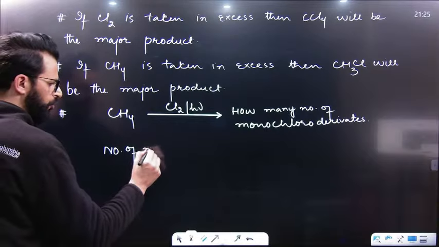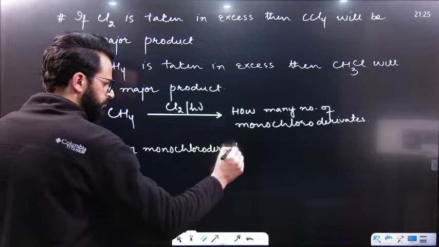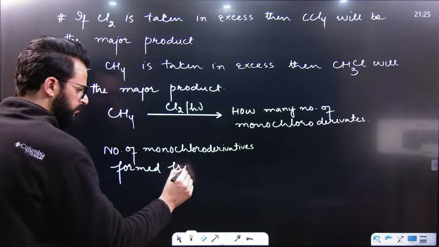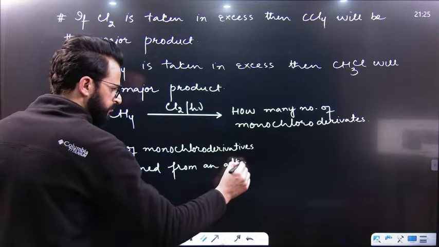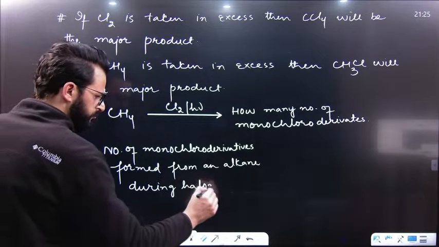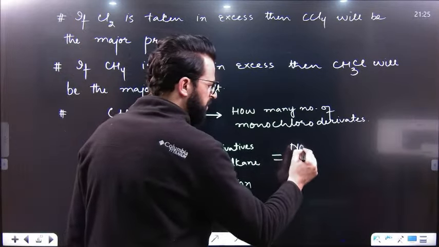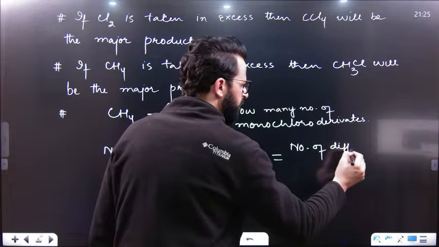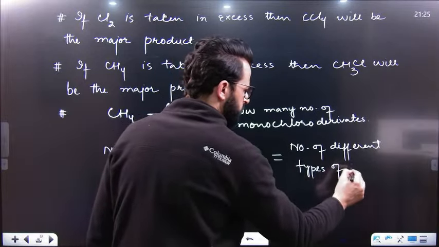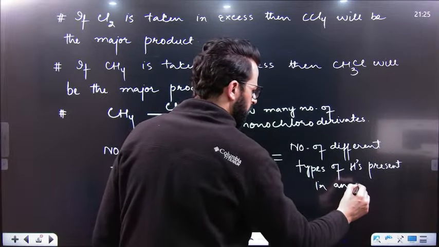The number of monochloro derivatives formed from an alkane during halogenation is always equal to the number of different types of hydrogens present in an alkane.